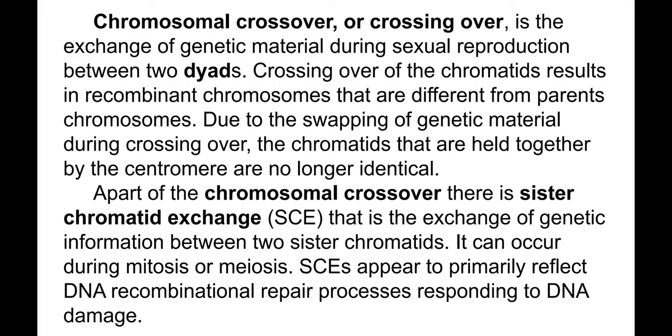Apart from the chromosomal crossover, there is a sister chromatid exchange, that is an exchange of genetic information between two sister chromatids. It sometimes occurs during mitosis or meiosis, and it can be a part of the process to repair damaged, mutated DNA.